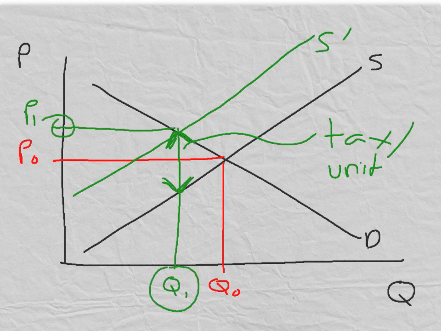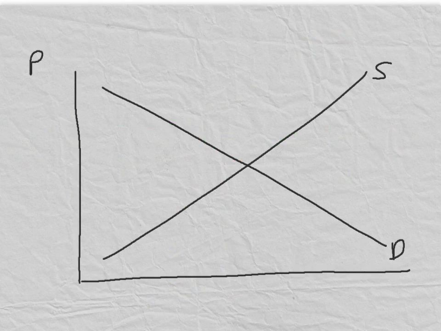Please note that the price change on the market is less than the amount of the tax. We can see that the price has only changed by this distance, which I'm showing here with these arrowheads. And this is clearly a smaller price change than the level of the tax. We will see why the price change is smaller than the level of the tax later in this presentation.